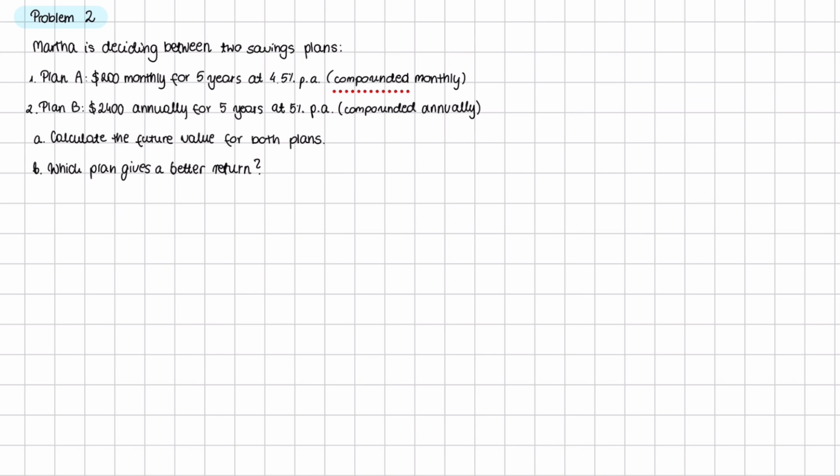Marfa is deciding between two savings plans, and we have plan A and plan B, and we have to calculate the future value for both plans and then decide which plan gives a better return.